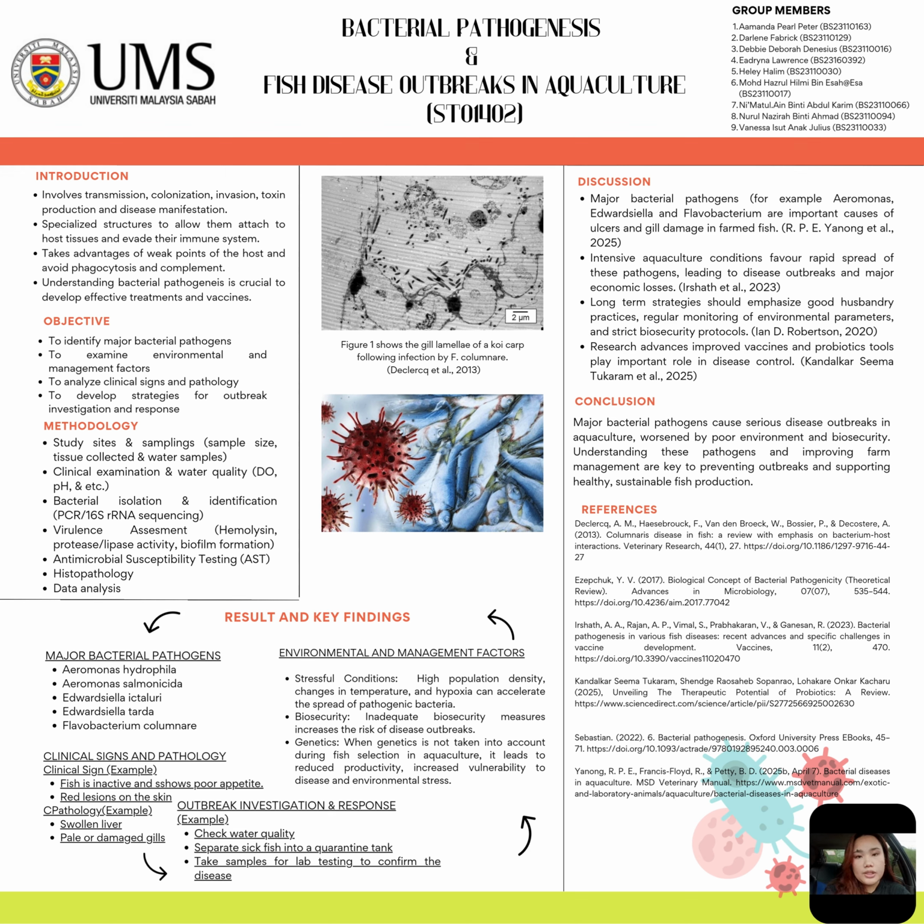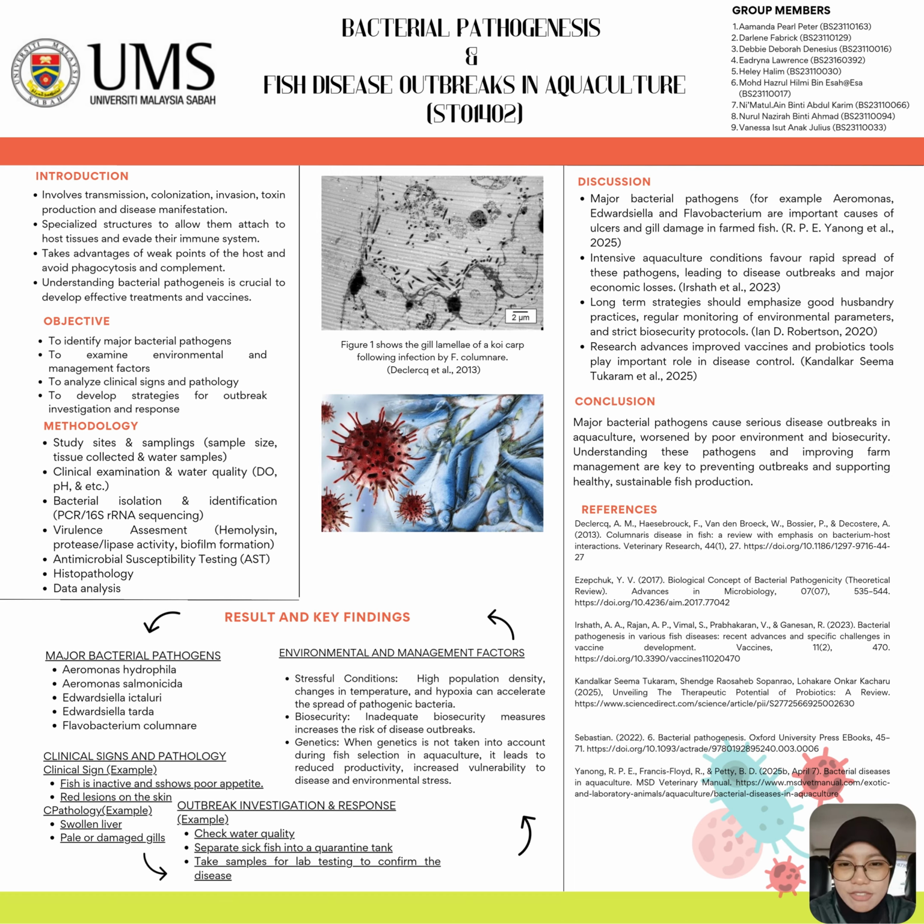The second factor is biosecurity. Inadequate biosecurity measures can increase the risk of disease outbreaks. And the third factor is genetics. When genetics is not taken into account when selecting fish for aquaculture, it can lead to reduced productivity, increased vulnerability to disease, and environmental stress.